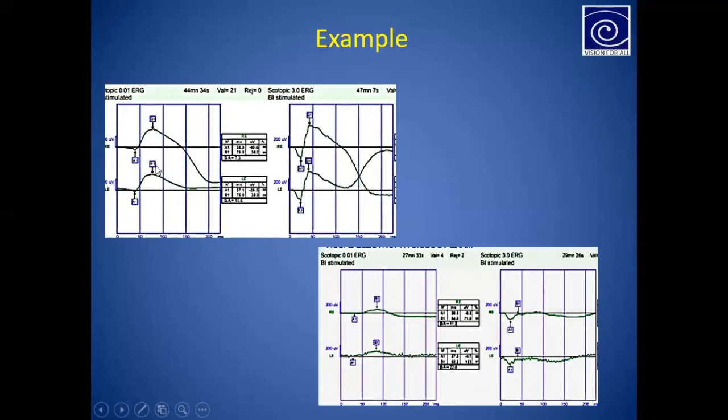Here we can see the normal A wave, normal negative A wave and positive B wave. But in the second report, both responses are reduced along with very noisy waves. So we can't consider this report for evaluating the patient's eye condition.